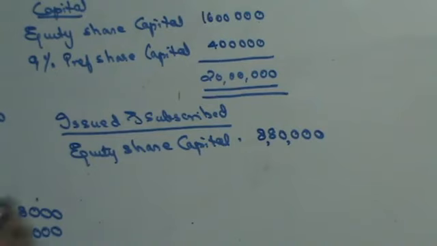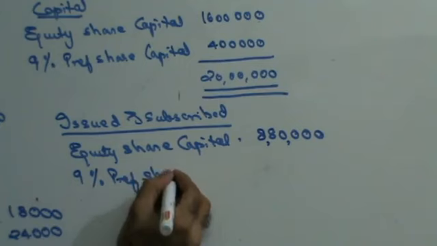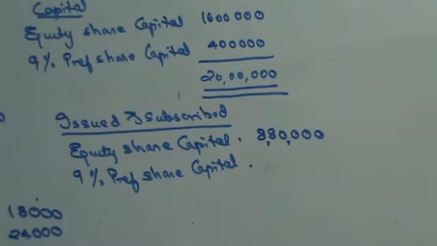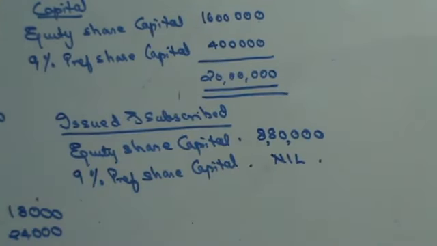Then you have 9% preference share capital. 4 lakhs is given to you in the balance sheet. You have 4 lakhs on the debit side. 4 lakhs minus 4 lakh nil. Okay, next let's move on ahead. You have reserves and surplus.